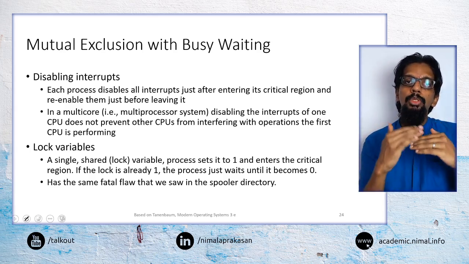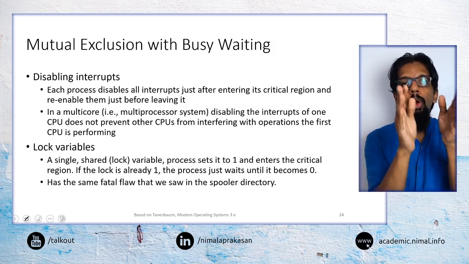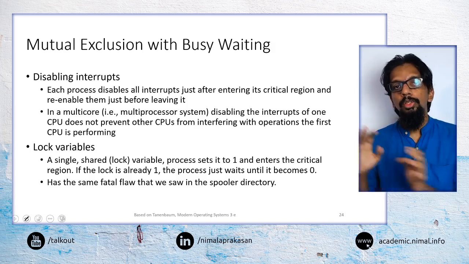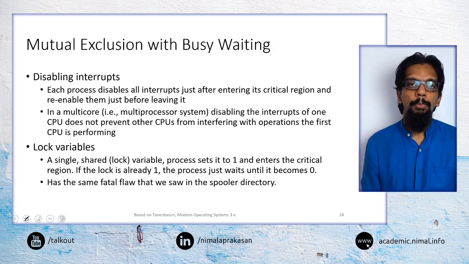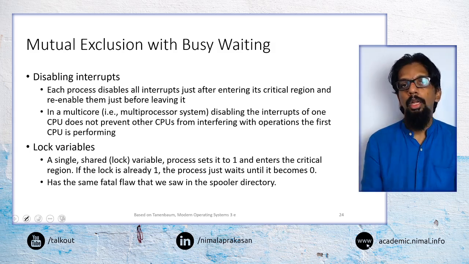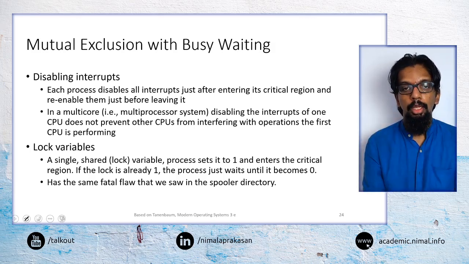Similarly, we can use what are called lock variables. We can lock certain resources, saying process A is now using the printer, so no other process can print. Then once A finishes and releases the resource, process B can continue using that. So that is another approach we can use to manage mutual exclusion.